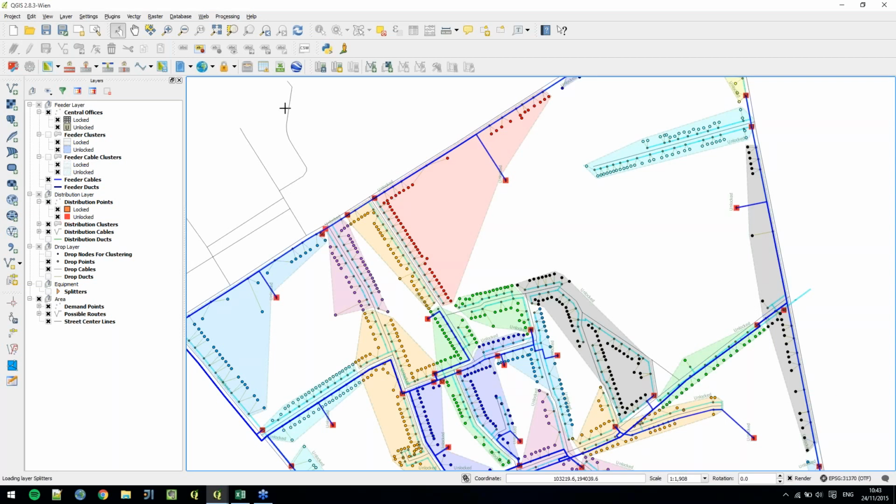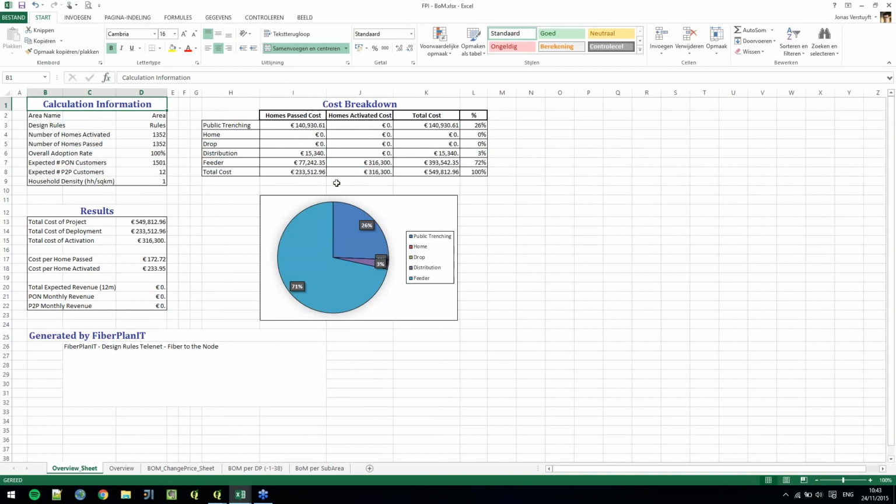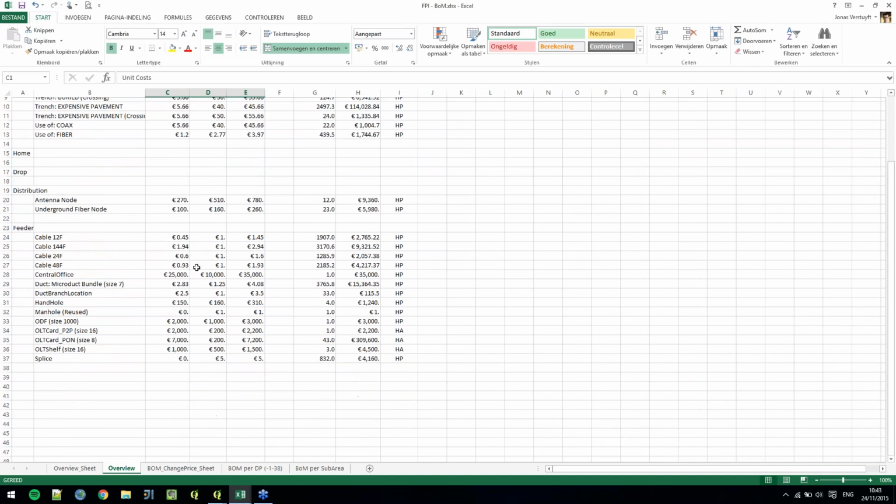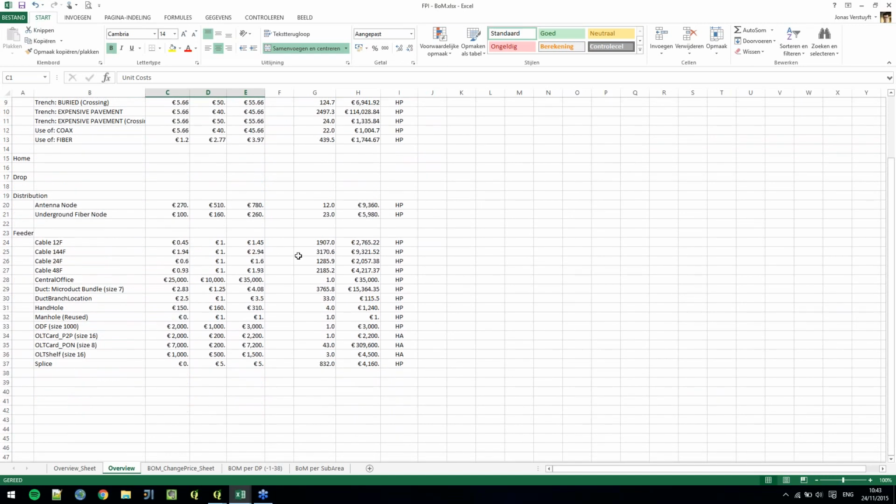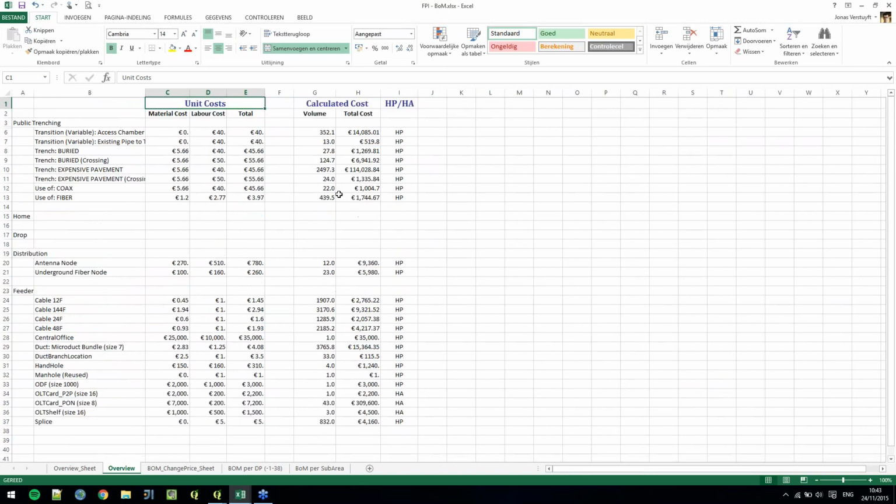Together with this outside plant design, FiberPlanIT will always generate a cost breakdown, a detailed bill of material. Let me open this now. In the overview, you will see exactly the type of equipment and the volume that is needed for each type of equipment for realizing your design.